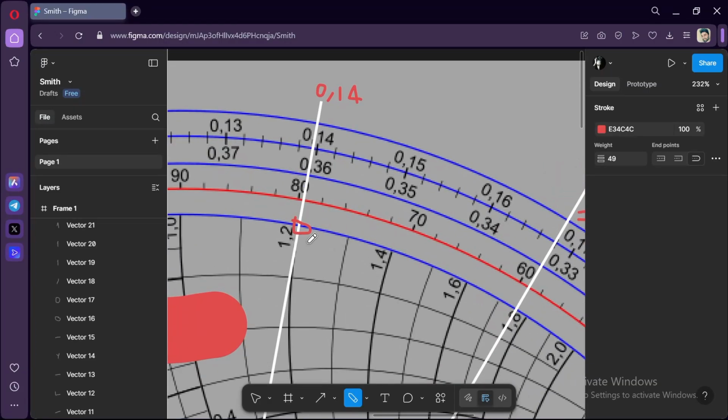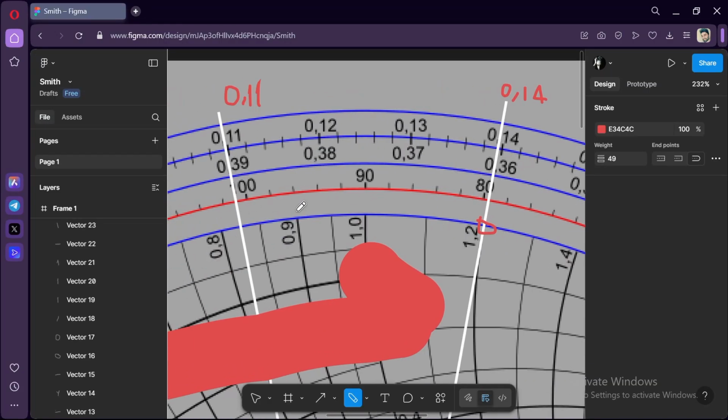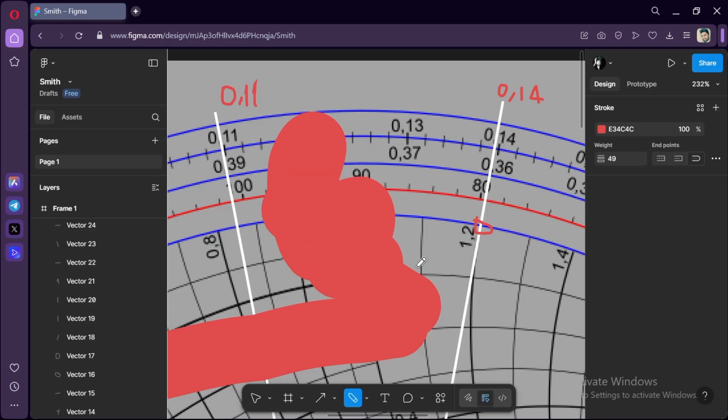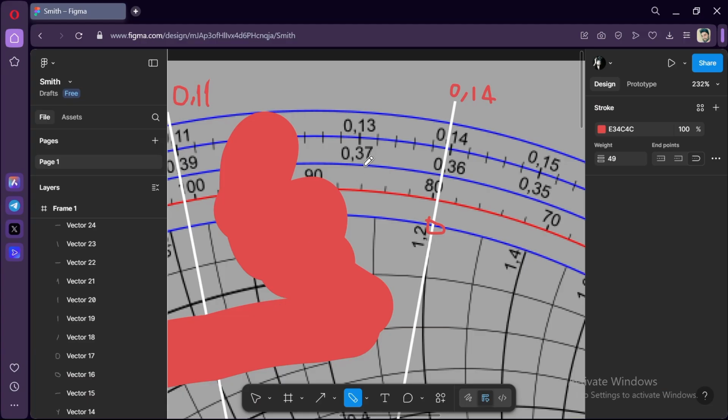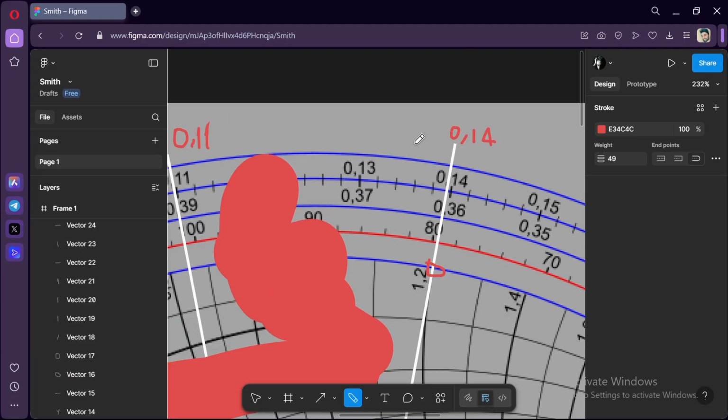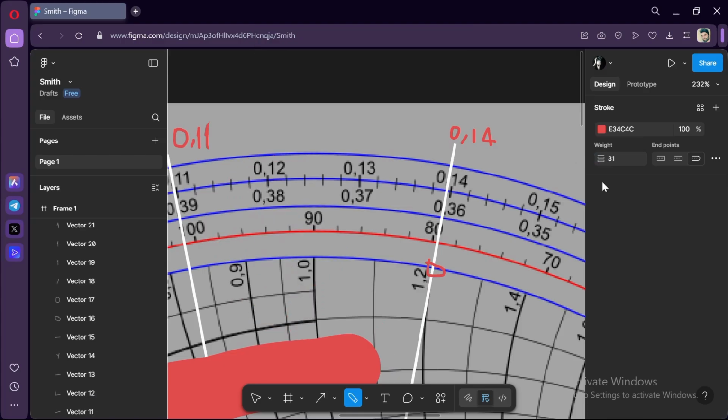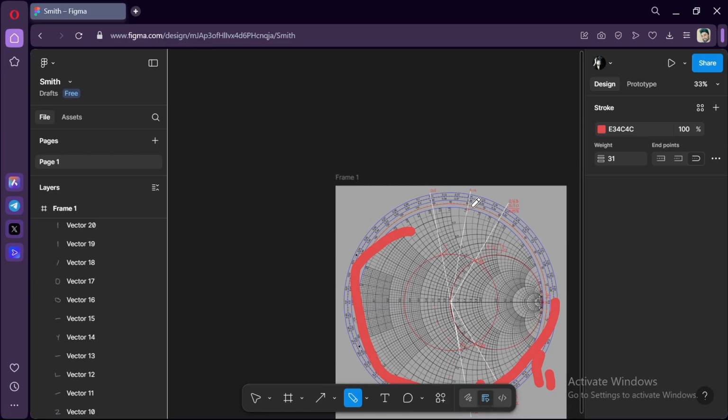So this is L2, right? Plus j 1.2 is L2. Let me write. Okay, this is the L2 distance.